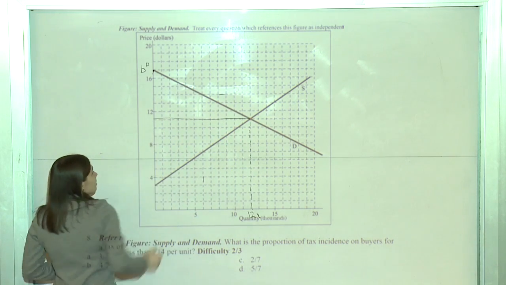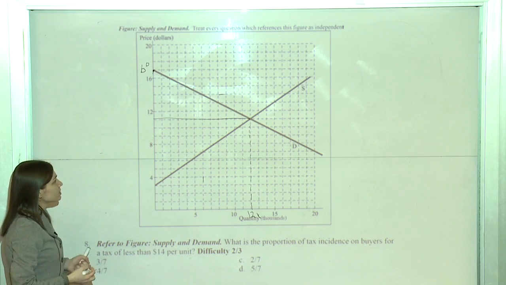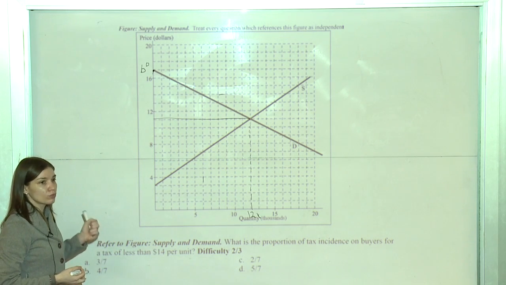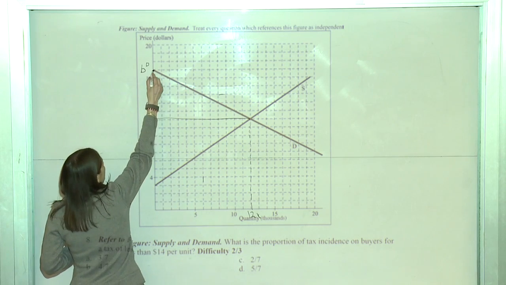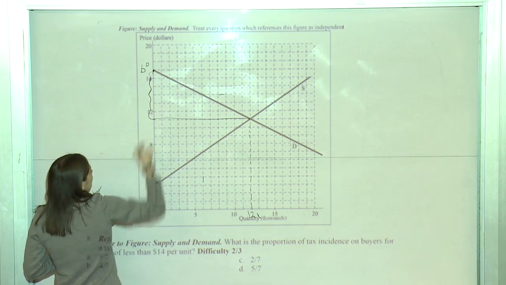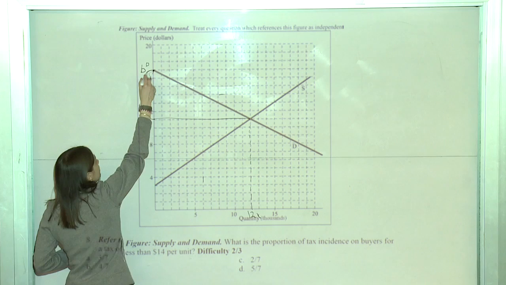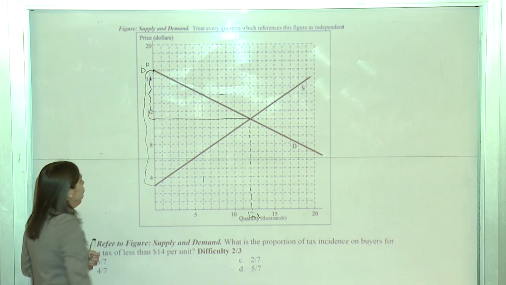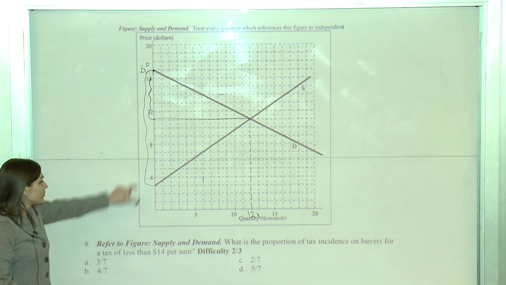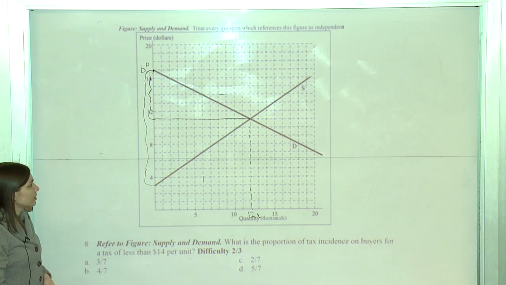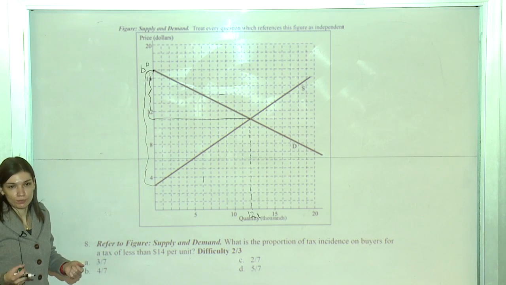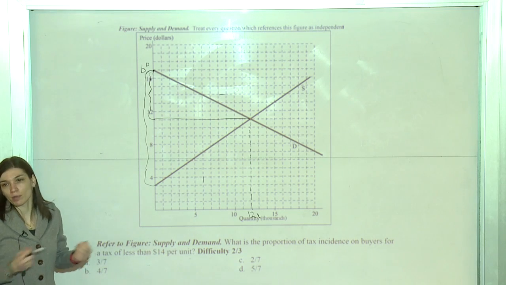So it doesn't matter who actually pays the tax. Buyers are always going to pay the ratio of this distance to the whole, the difference between the two intercepts. And the sellers are always going to be responsible for 1 minus that.